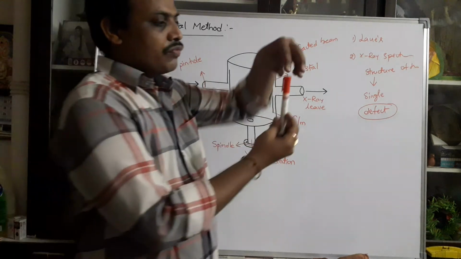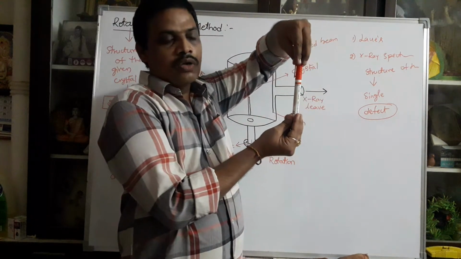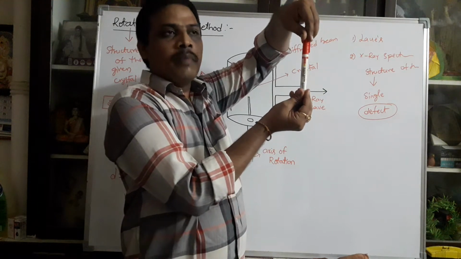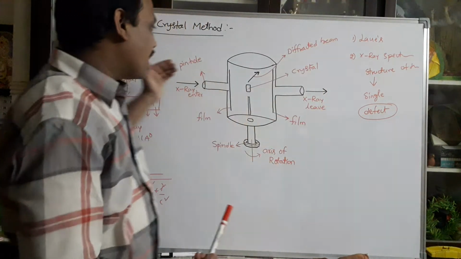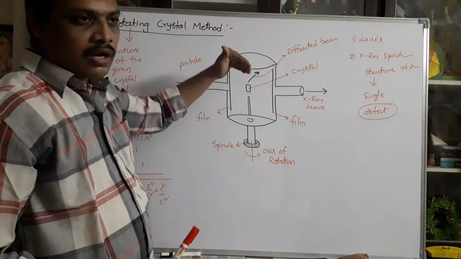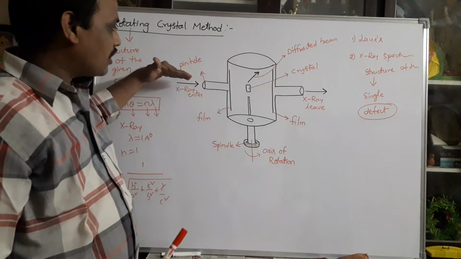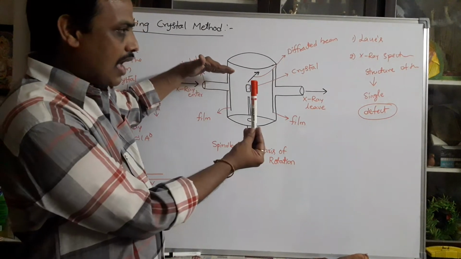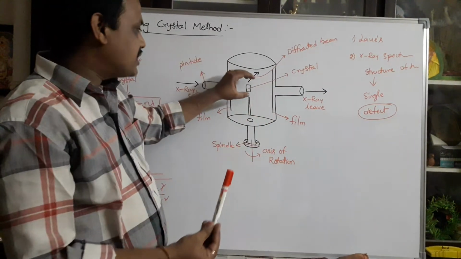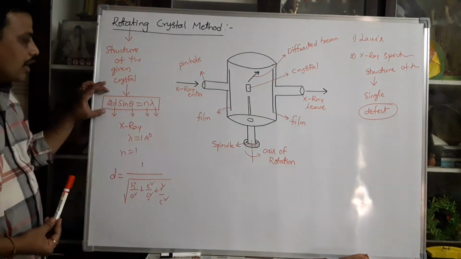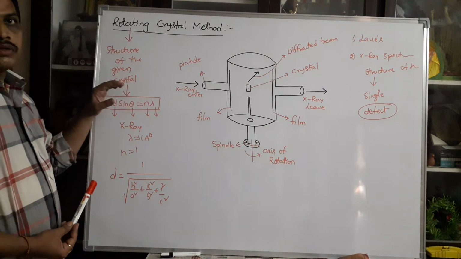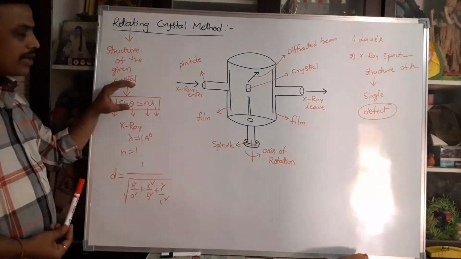Particularly, first you place it at 0 degrees, then rotate the crystal through 360 degrees: 1 degree, 2 degrees, 3 degrees. When the rotation angle and the glancing angle of the X-rays match, the crystal obeys Bragg's relation, that is, 2d sin theta is equal to n lambda is obeyed.